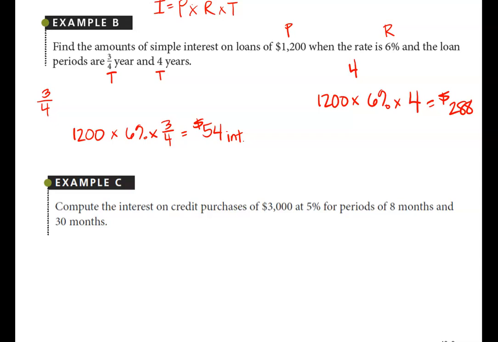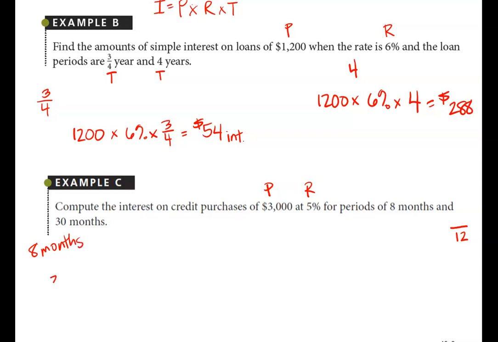Okay. And we can do the same thing for example C. Let's say that we have a loan amount or principal of $3,000, a 5% interest rate, and then here we're going to have months. Whenever you have months, because we're dealing in fractions of a year, we use 12 as our denominator when inputting our time value. So I'll first do 8 months.